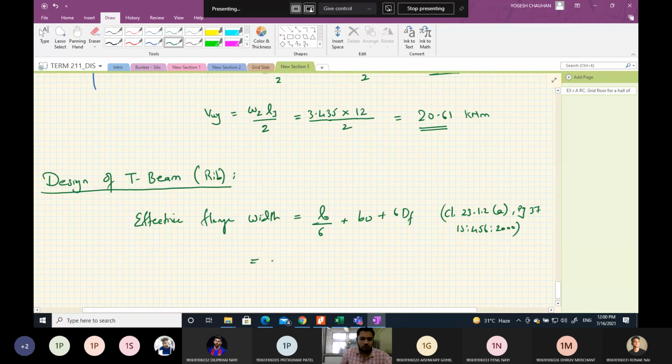So the effective flange width will be, where L0 is taken as 0.7 times the L, that is 1500.